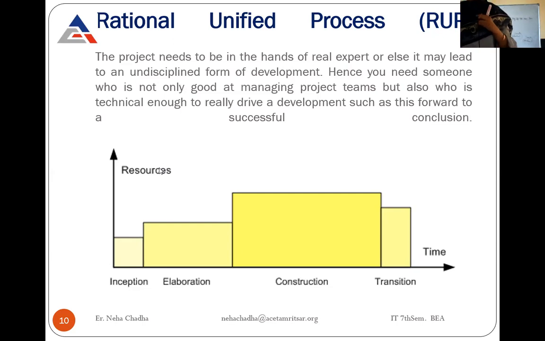Then before coming to the Rational Unified Process, I will tell you one thing: there are 4 values and 12 principles that are followed by the agile methodology.